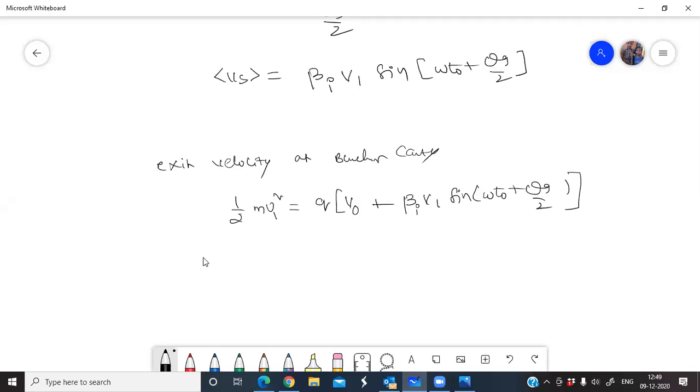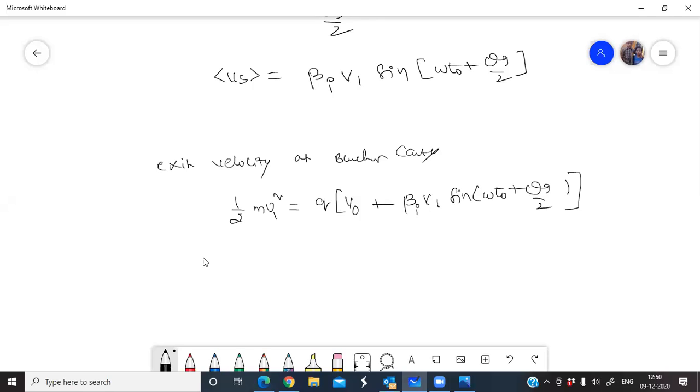V0 is only the DC voltage, that is, before the buncher cavity. But here I am talking about after the buncher cavity, the exit velocity. So you have to consider the DC voltage as well as the RF signal voltage. The average value of the RF signal voltage is beta I V1 sin omega t naught plus theta g by 2. Clear about this?